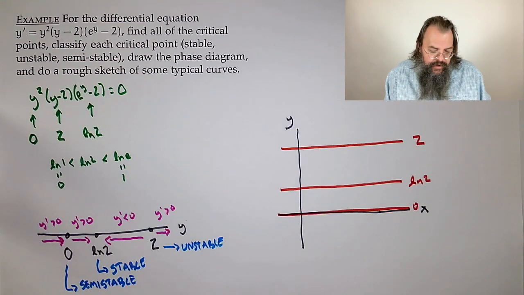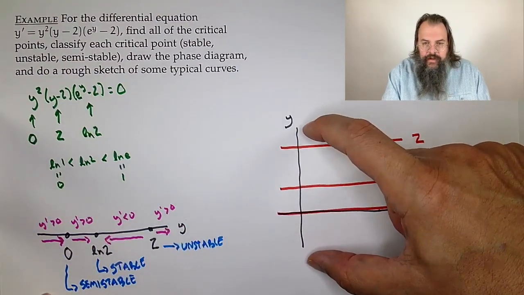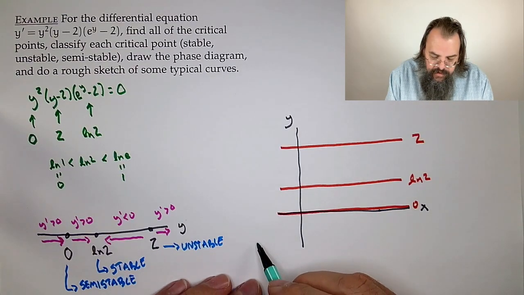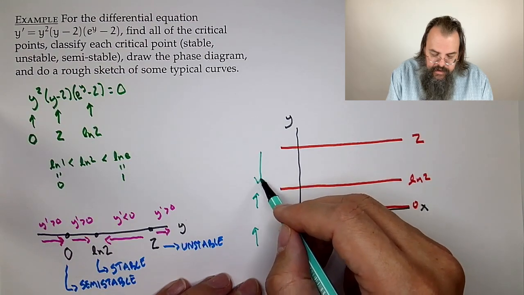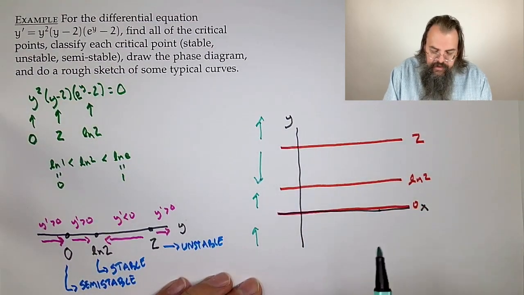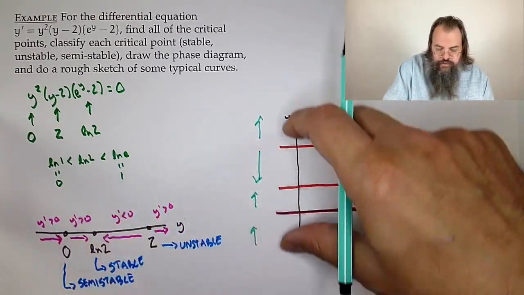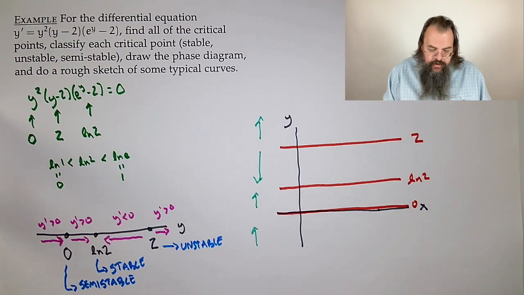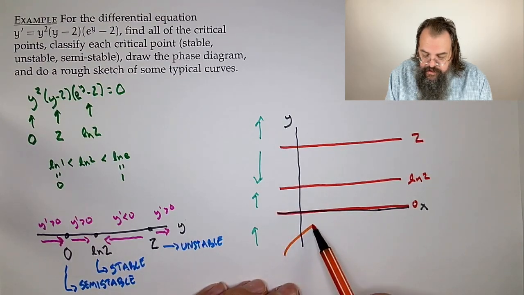Now for the rest, we think of this as telling us what's happening in the y direction. So we see, for instance, that we're going to be moving up, up, down, up. I'm just taking this information and translating it here. And once we have that, drawing the rest of the sketch is pretty quick, right? Because it says, look, if I'm below 0, I move up towards 0.